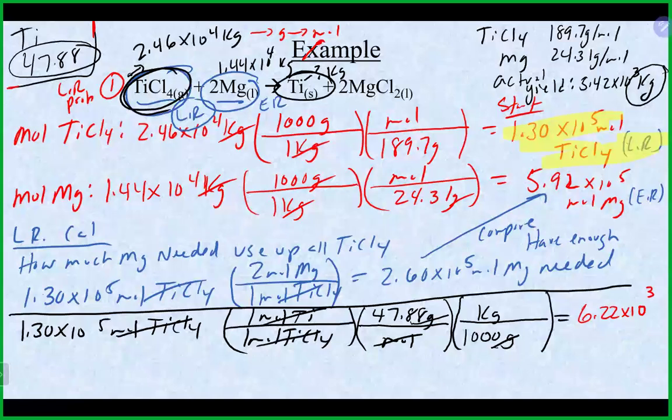Let me double check here real quick. 1.3 times 10 to the fifth times 47.88 divided by 1,000. There you go. Kilograms here.